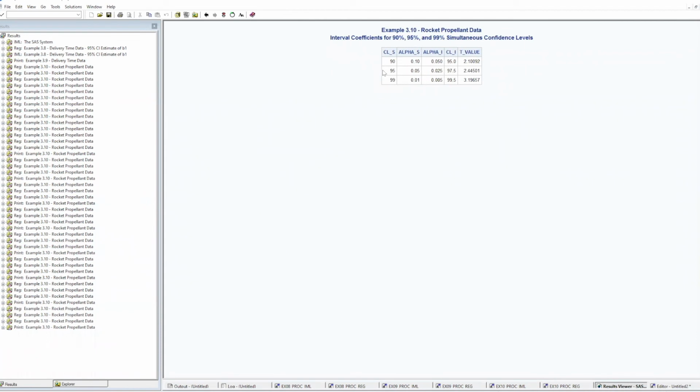The t value for two simultaneous confidence intervals at the 95% simultaneous confidence level would be 2.44501. And in order to have a simultaneous confidence level of 99% for two intervals, the corresponding t value would be 3.19657.